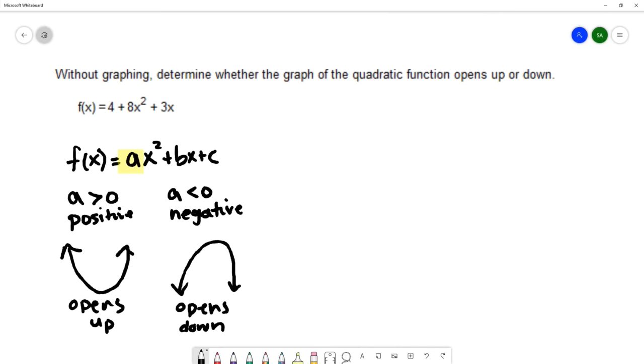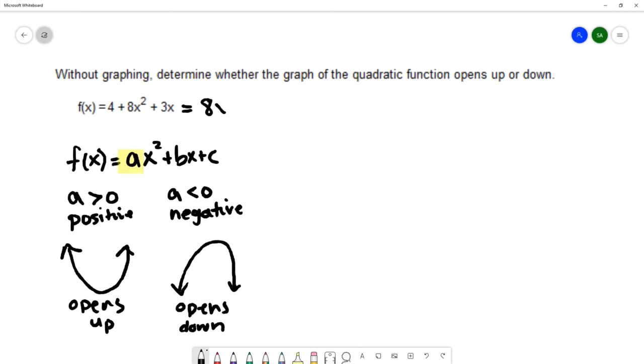So looking at the function that we have, it's 4 plus 8x squared plus 3x. It's not written in general form because the terms are not in the right order. So I'm going to rewrite this in descending order. That means I'm going to put the highest power first.